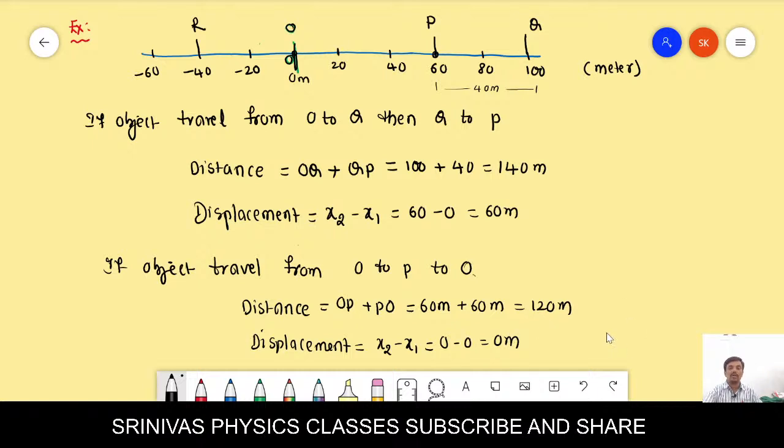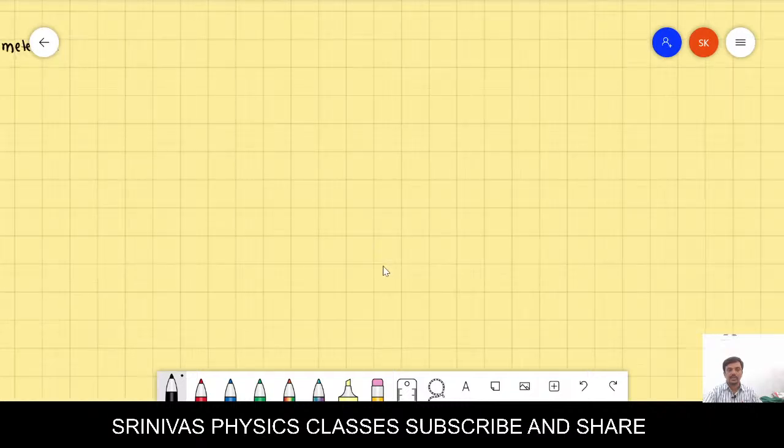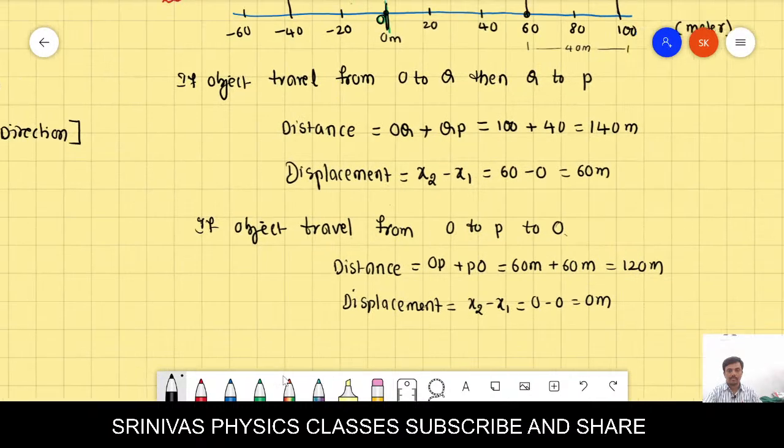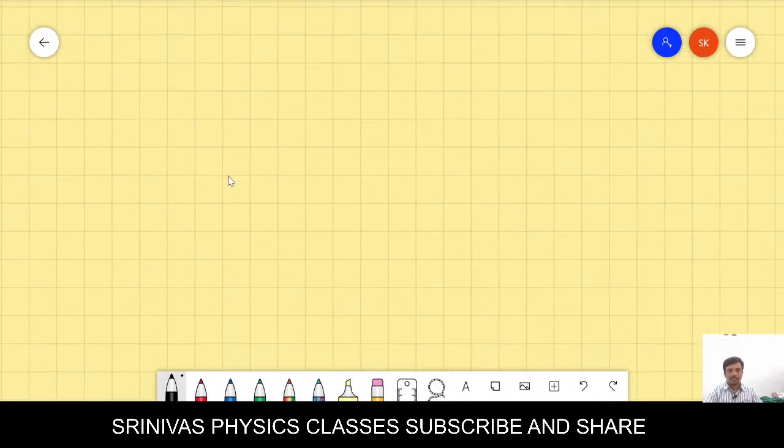And now one more example we will take. Just you see, if an object travels from O to P and then P to R, then in this case what is the distance and displacement?